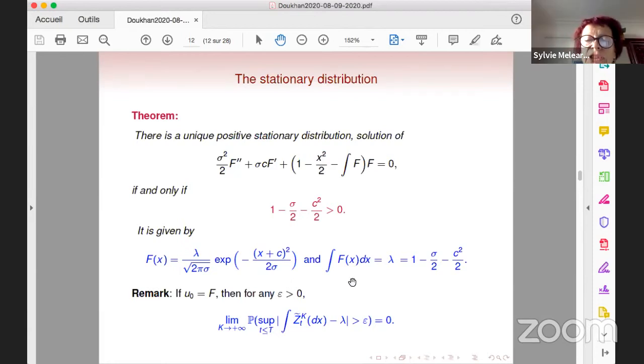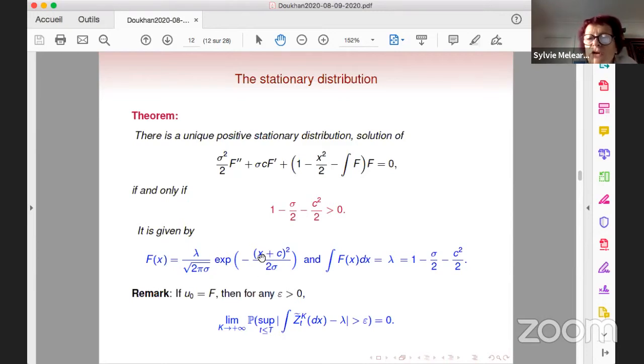And in fact, you see here, you have a sort of an eigenvalue problem, and the eigenvalue is here, the total mass of F, which is given by this quantity. And what we can note is that this distribution is centered on minus C. It's optimal if X is equal to minus C.